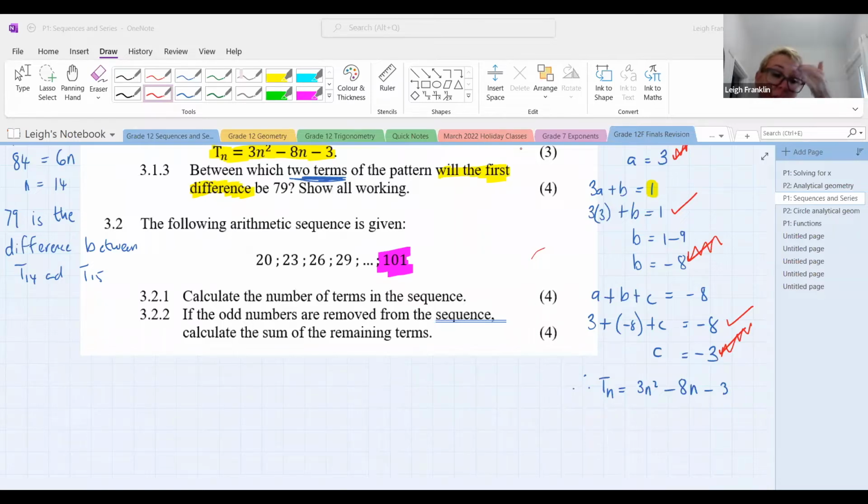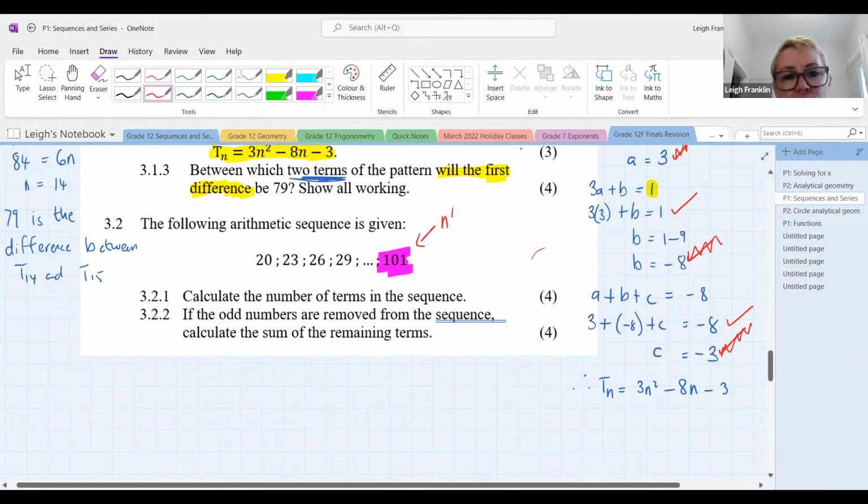If they had said this plus this plus this equals, then by putting the equals there, they would be implying that the number that follows the equals is an Sn. But here they are implying that 101 is the last term in the pattern. So this is the nth term or last term.